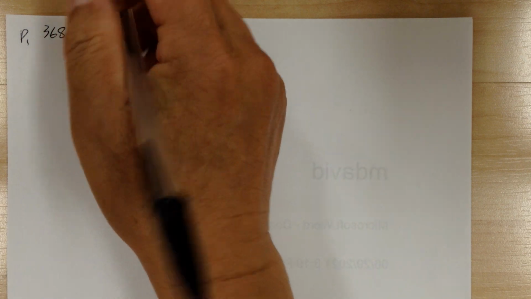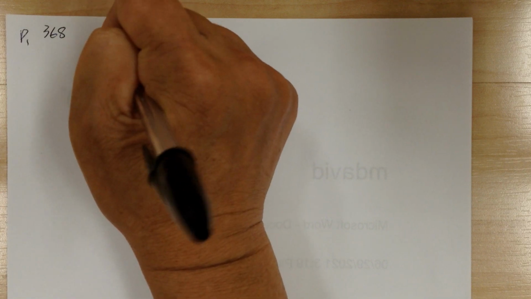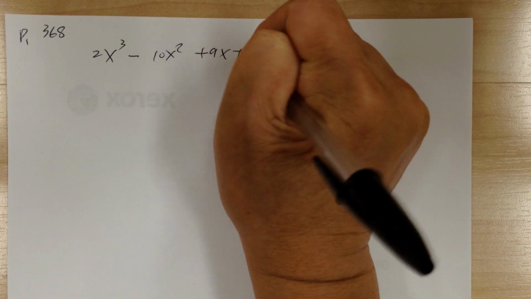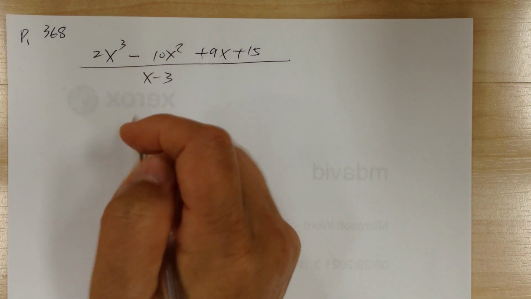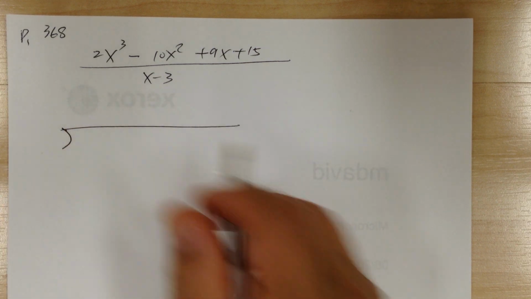Okay, so let's go over the example. You've got 2x cubed minus 10x squared plus 9x plus 15, and you want to divide this by x minus 3. Let's do it the regular way first.